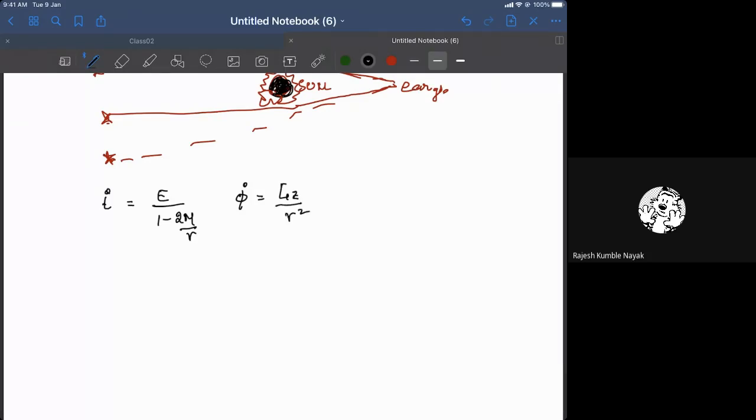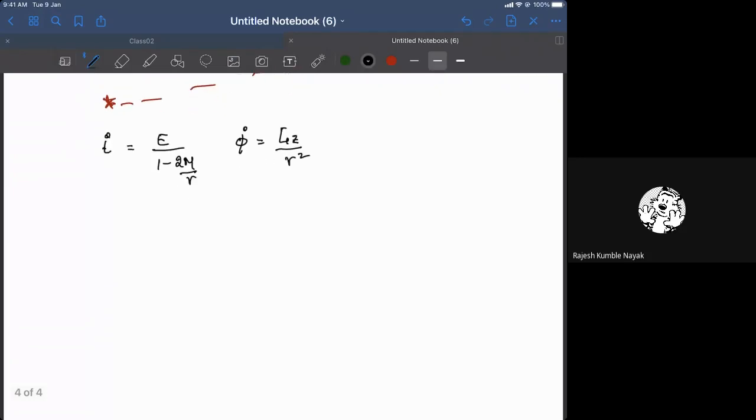Conservation of angular momentum gives the second equation, and the third equation comes from the null condition, that is, the velocity norm is 0. This is a simpler equation than the timelike case because it is now equated to 0, not 1.